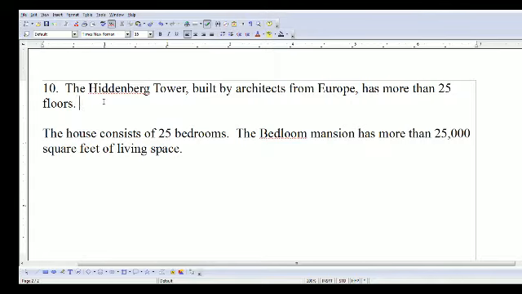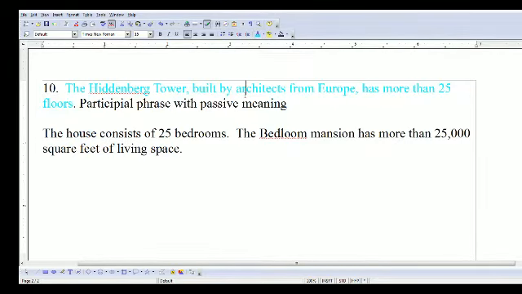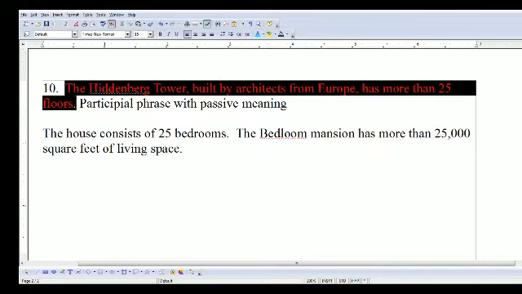Now, we have what's called a participial phrase with passive meaning. You see that? That's kind of what we have. And this one, I think, is better than the other examples because you're now showing that you have some pretty good grammar to be able to say it this way.